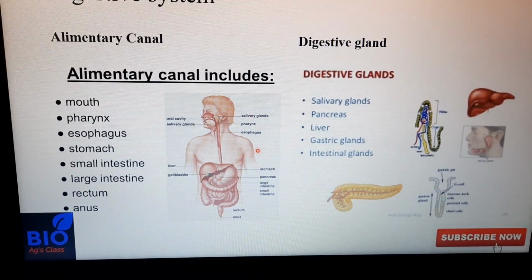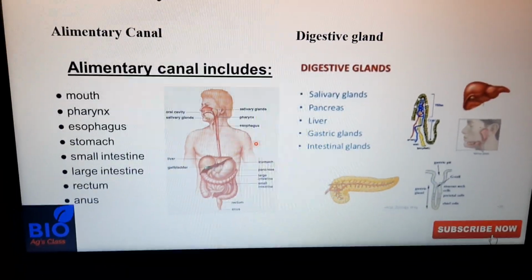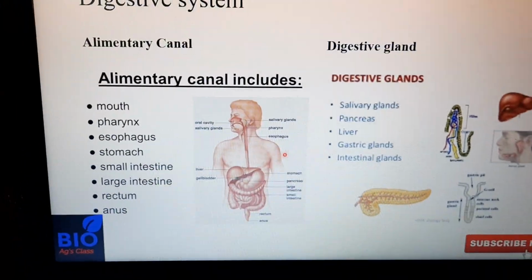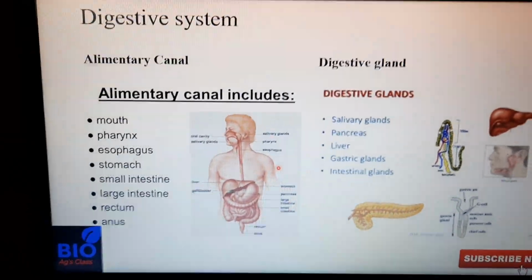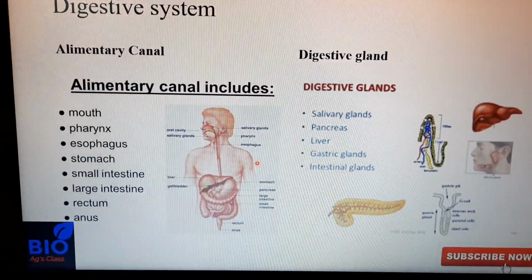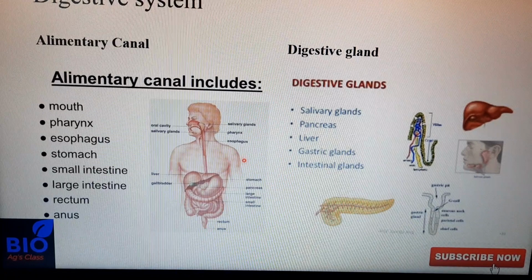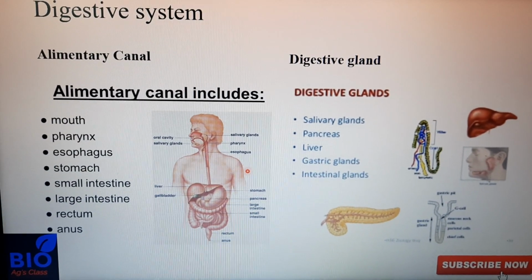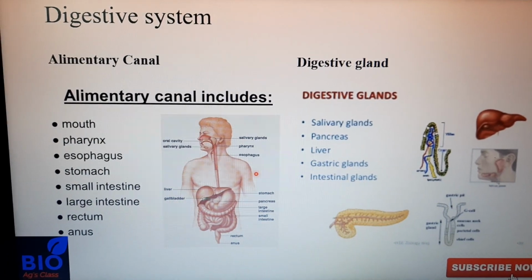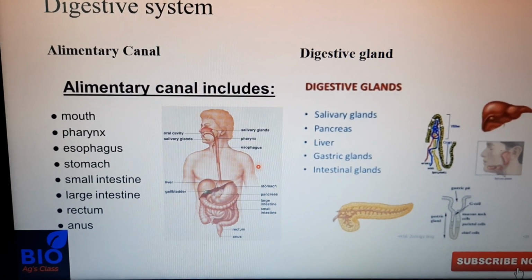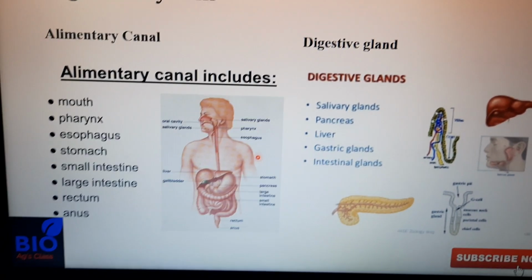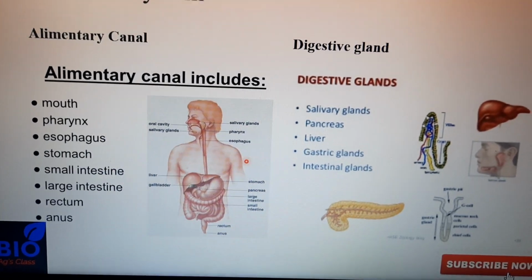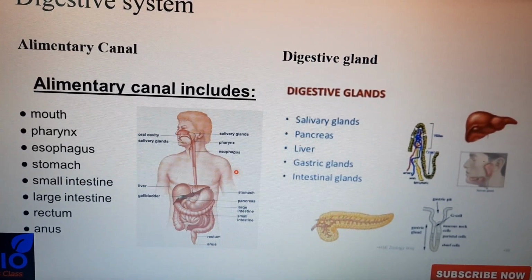After the stomach, the food goes to the next part, that is called the intestine. There are two kinds of intestine in our body, the small intestine and the large intestine. After the stomach, the coil-shaped duct that remains between the stomach and the large intestine is called the small intestine.